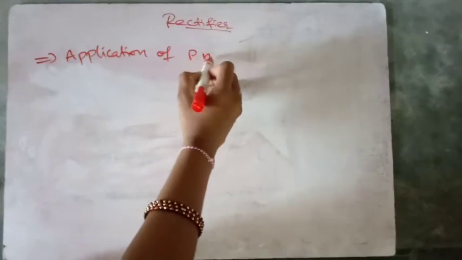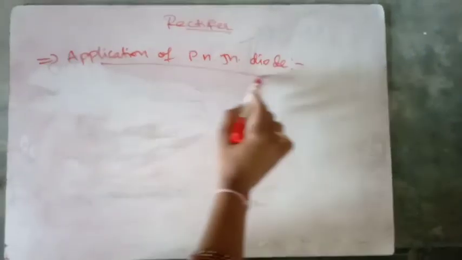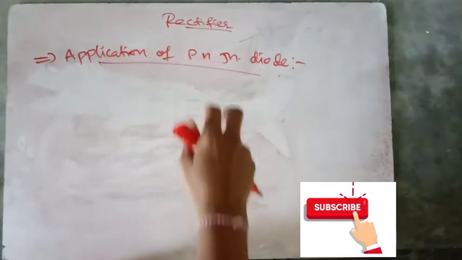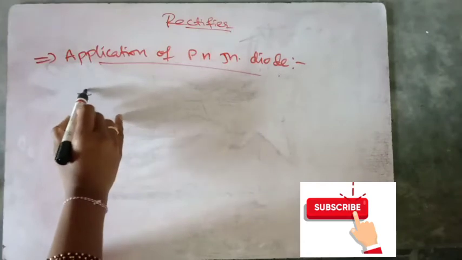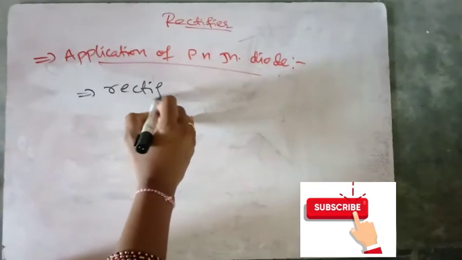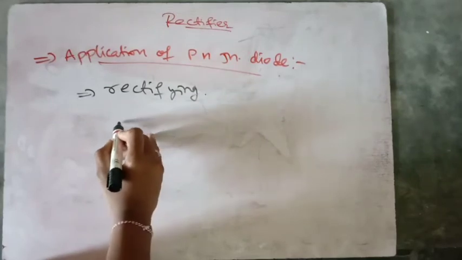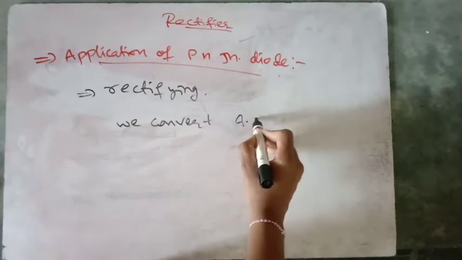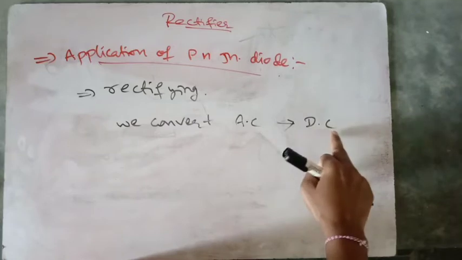In this lecture, I am going to explain the applications of the PN junction diode. What are the applications we have? This PN junction diode is used for rectifying the current flow. What we do here is convert AC current, that is alternating current, to DC current, that is direct current.